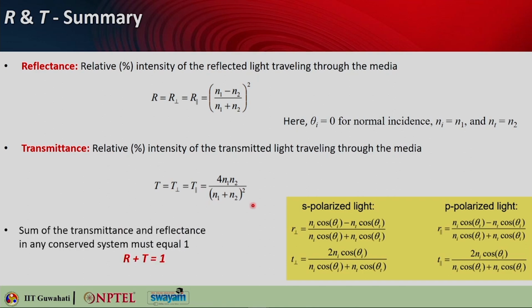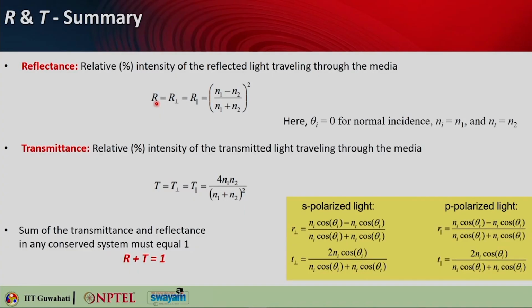Always remember that the reflection coefficient and transmission coefficient may not add up to 1, but the power will be maintained. Whatever the incident power, some part of it gets reflected and some part gets transmitted.